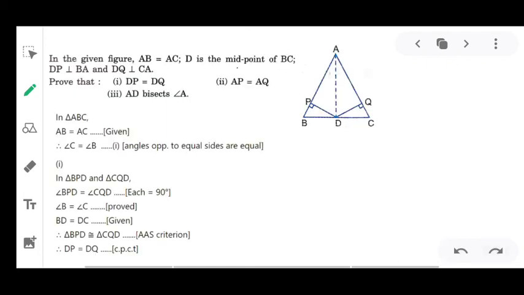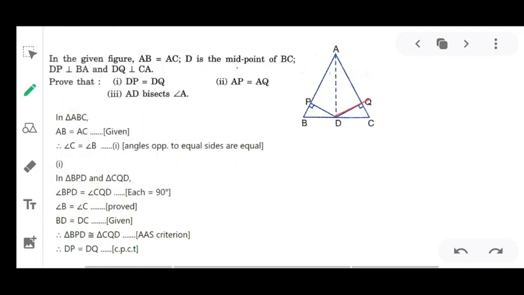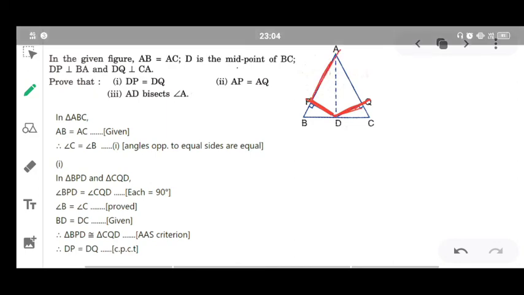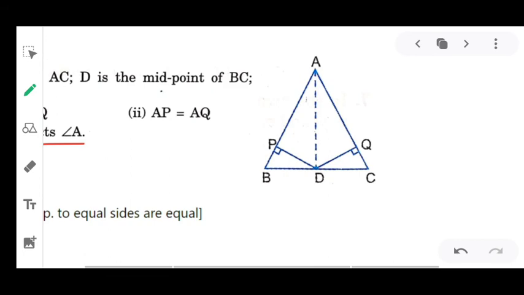DP equals DQ, and second, AP equals AQ, then AD bisects angle A. AD bisects angle A means this angle equals this angle.